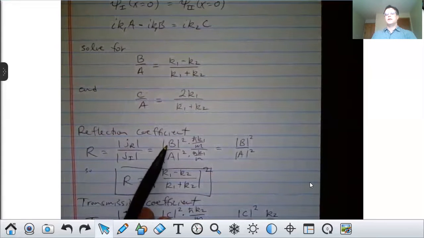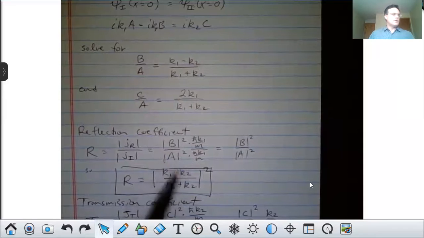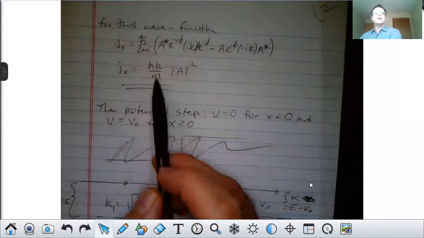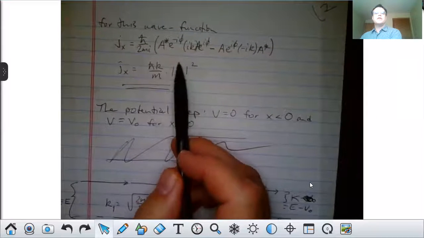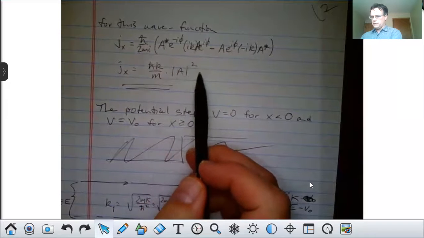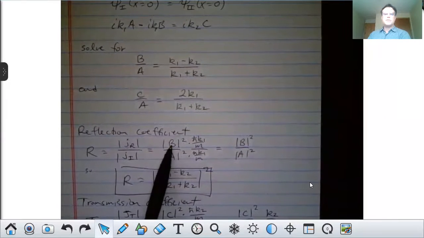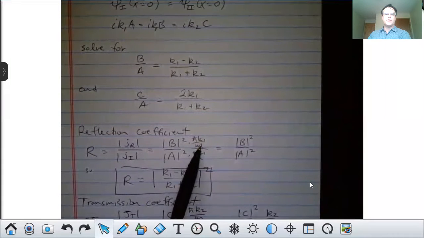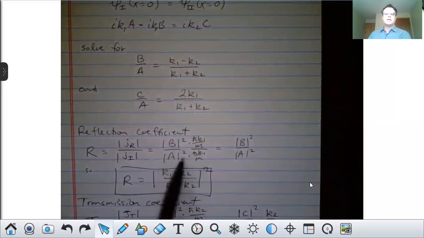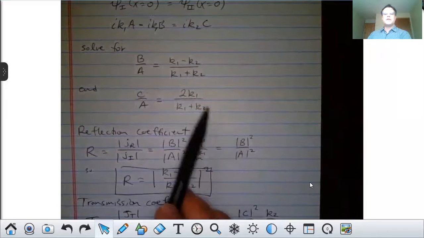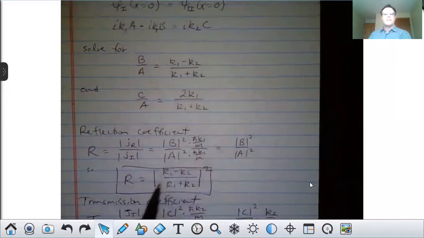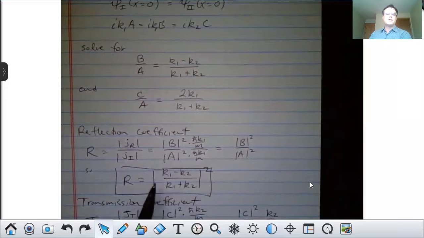Going back to this definition, it's h bar k over m times the amplitude squared of the wave. So for the reflected wave, it's b squared times h bar k1 over m. Incident wave, a squared times h bar k1 over m, and I divide to just get b squared over a squared. So basically, I'm going to just square this. And so my probability of reflection is k1 minus k2 over k1 plus k2, squared.